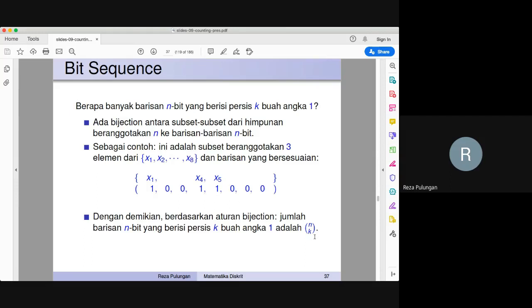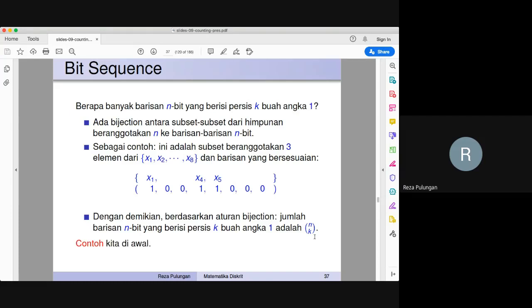From n elements, you just select k elements. So you see the intuition. Let me repeat again: the number of n-bit sequences that contain exactly k ones is equal to n select k, because what you just do is select k elements out of n elements.